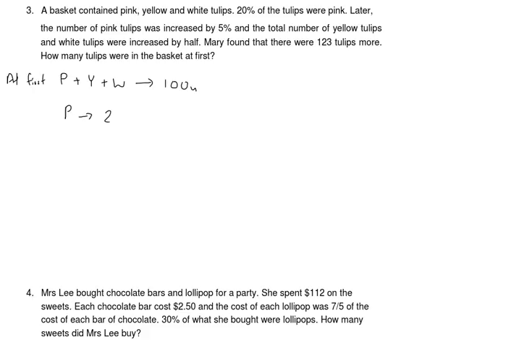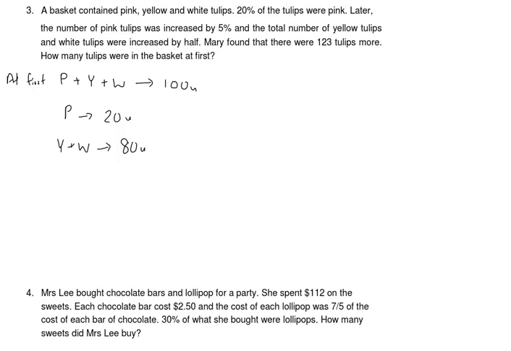Then how many units were yellow and white, Alexis? 80 units. Anyone disagree with this so far? Later, the number of pink tulips was increased by 5%.